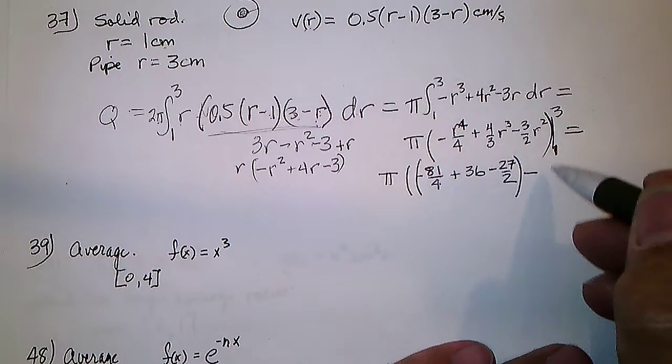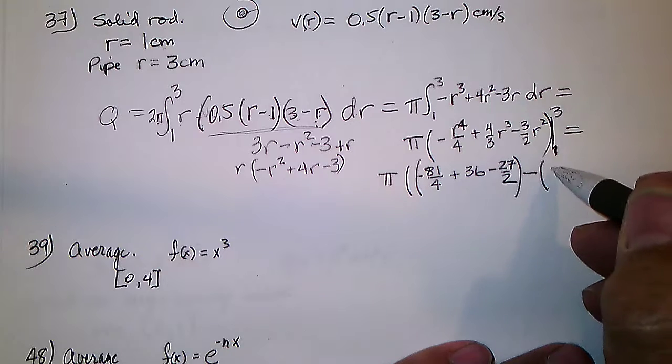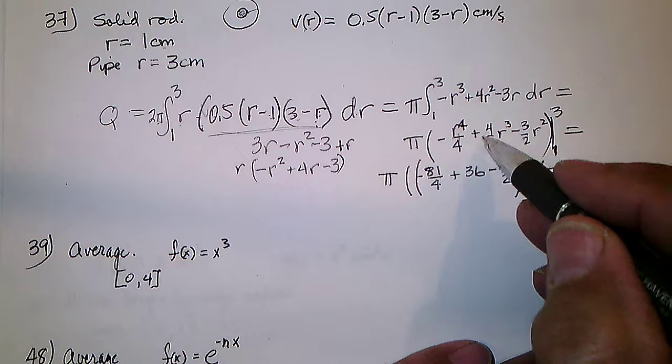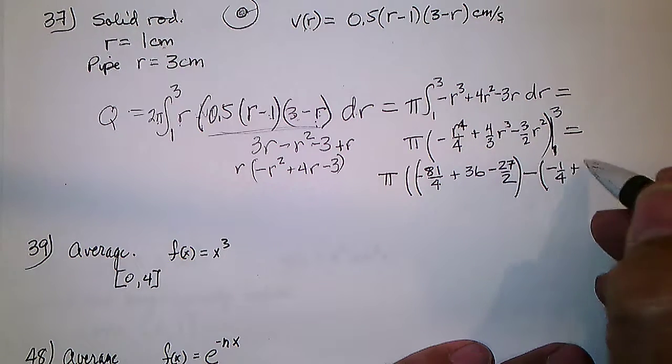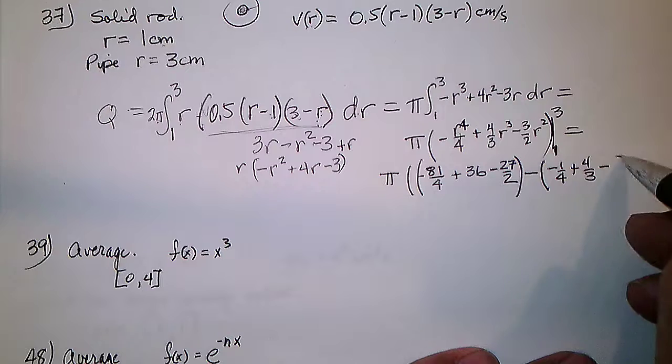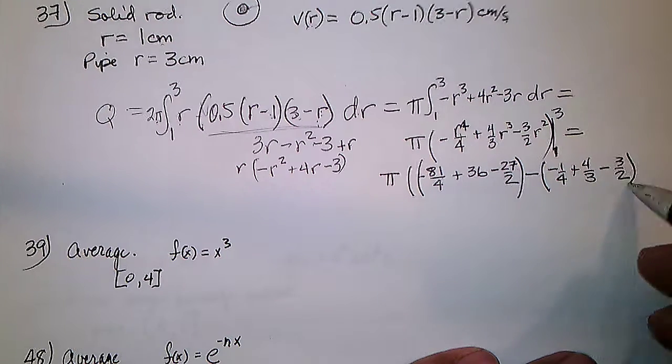Minus, putting 1 in here, we get a minus 1/4 plus 4/3 minus 3 halves.